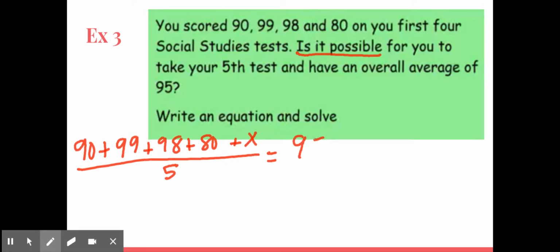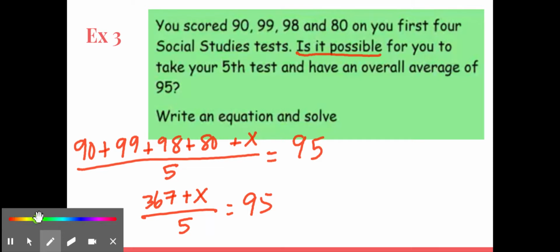And we want to see, is it possible to get an x value that's legitimate in order to get a 95 in the class? We're going to combine our like terms. So we do 90 plus 99 plus 98 plus 80. We get 367 plus x divided by 5 equals 95.